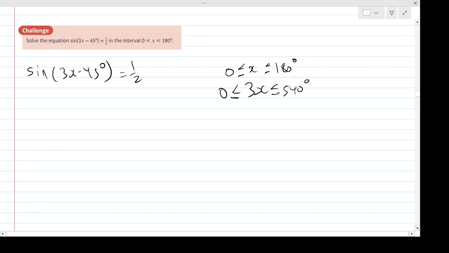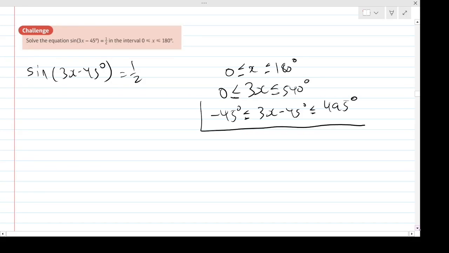So from 0 I get minus 45, then 3x minus 45, and then 540 minus 45, I get 495. So that is our interval with the actual input we've got: 3x minus 45. That's what we're working with.